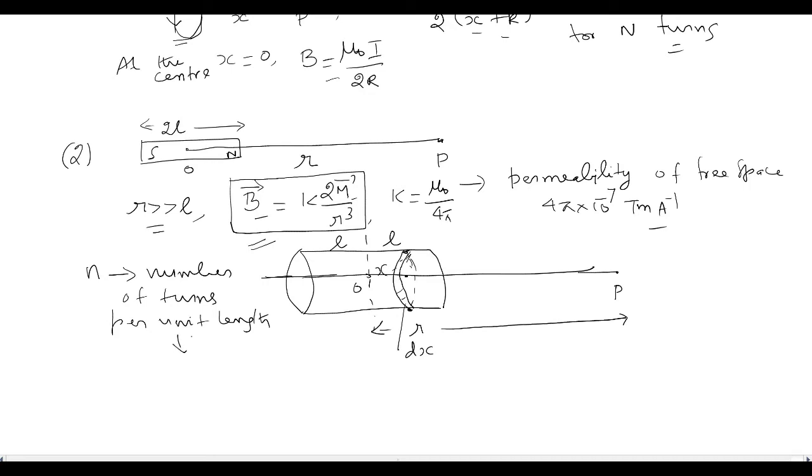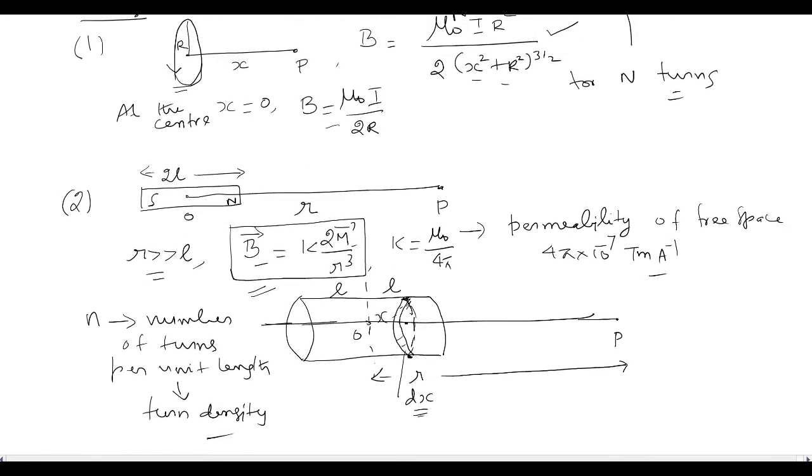It is also called turn density, small n. So you have to imagine a little, the element is a circular coil of n dx number of turns. dx is the length of the element. We consider the element to have such a small thickness that you can simply consider it as a circular coil of n dx number of turns.